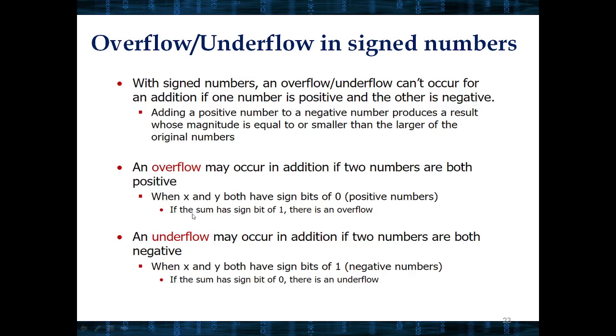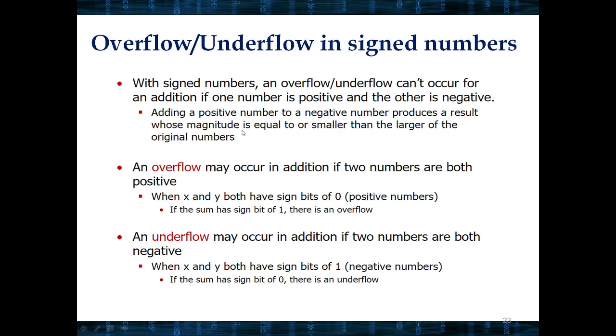Overflow or underflow in signed numbers. With signed numbers, an overflow or underflow can't occur for an addition if one number is positive and the other is negative. Adding a positive number to a negative number produces a result whose magnitude is equal to or smaller than the larger of the original numbers.